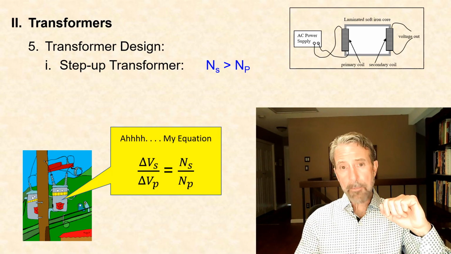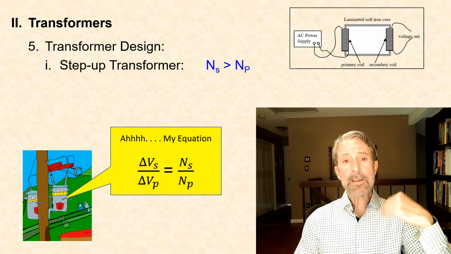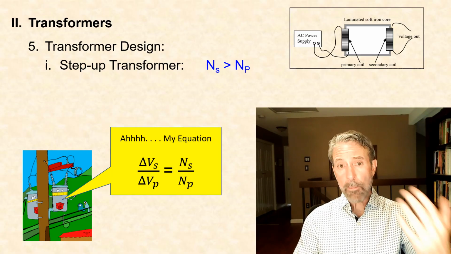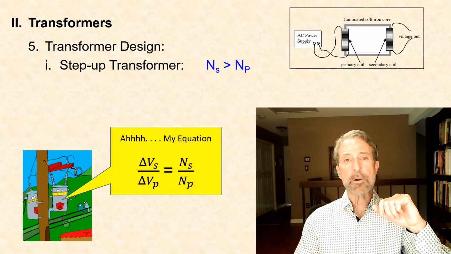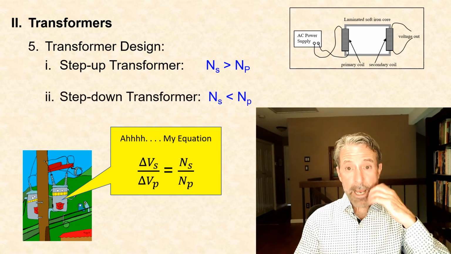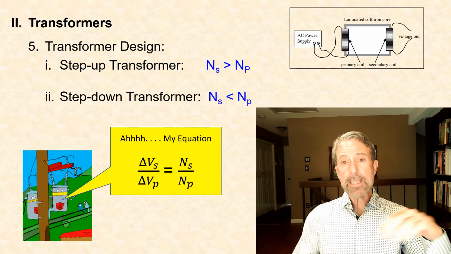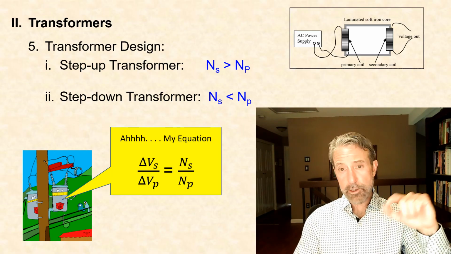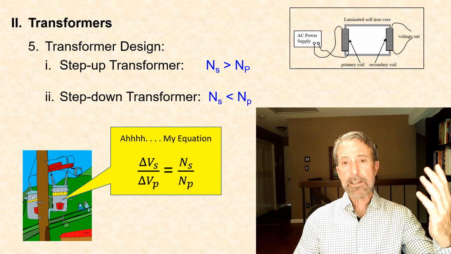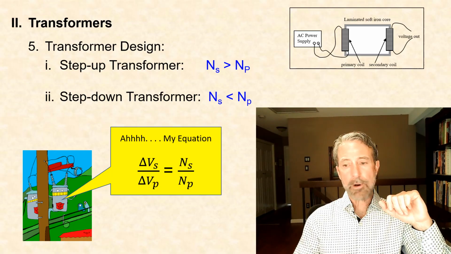So, for example, if you want to get twice the voltage out of the device as you put in, then you need to have twice the number of turns in the secondary or output coil as you have in the primary coil. Similarly, in the case of the step-down transformer, where you're trying to get a smaller voltage out than you put in, the opposite would be true. That is, the number of turns in the secondary coil must be less than the number of turns in the primary coil.